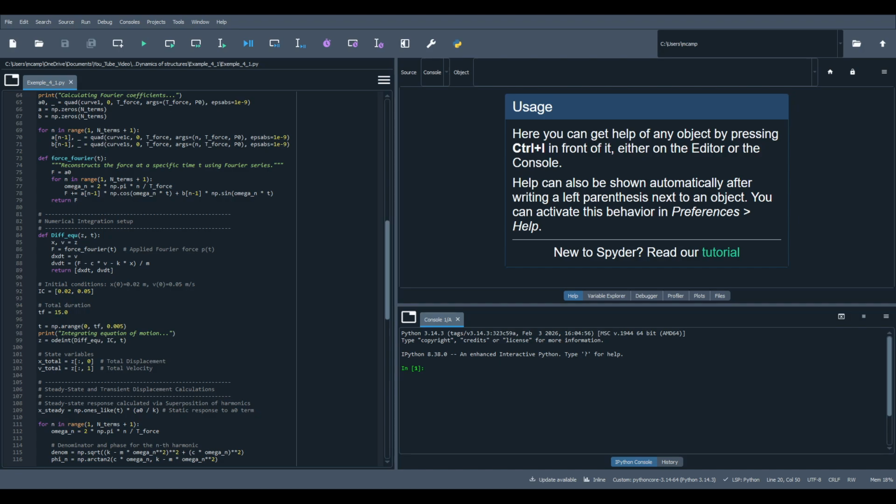Dx dt, the first order, defines the derivative of displacement as the velocity. Dv dt, the second order, calculates acceleration by rearranging the equation of motion, m times acceleration plus c times velocity plus k times displacement is equal to the force. And after, it returns the displacement, velocity and acceleration.